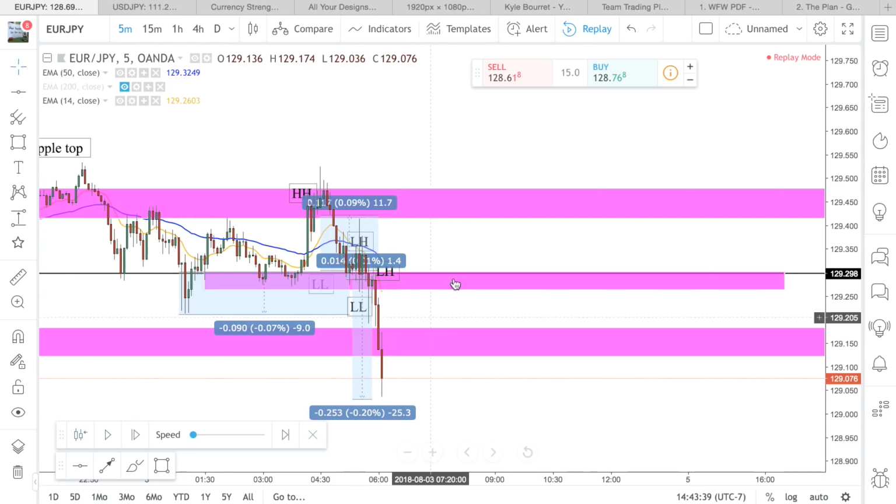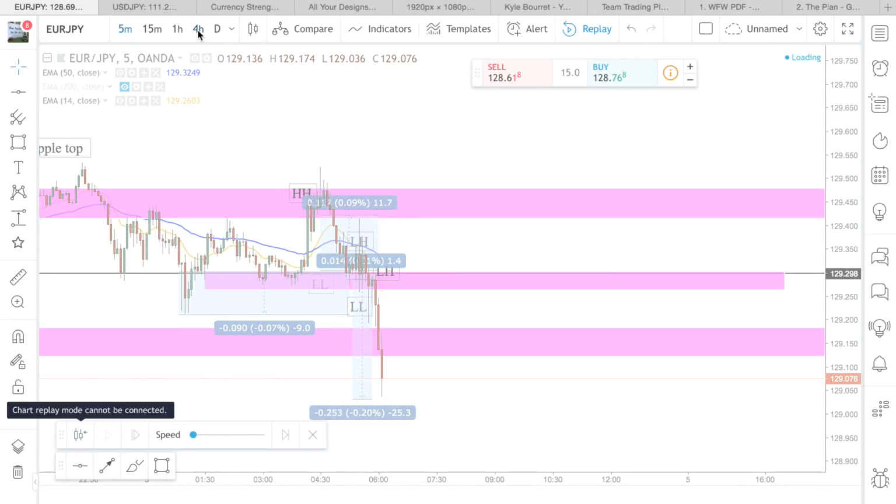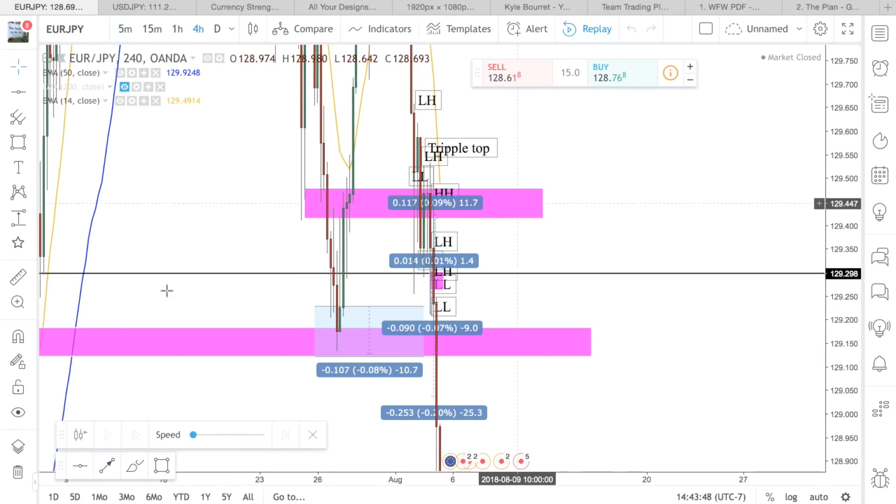That's a 1 to 25 in 5 minutes, trading momentum. And so when you look at it from a 4-hour perspective, I'm going to keep it ugly like this too.